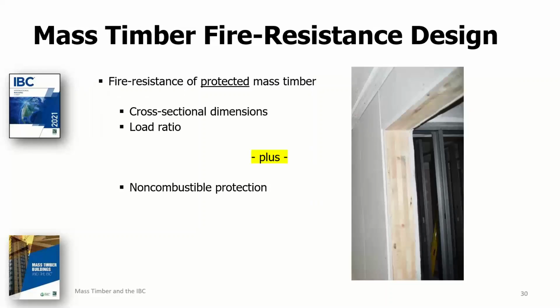All right, at this point, I wanted to remind you that when it comes to the fire resistance requirements for the 3 new types of mass timber construction, you can combine the calculated fire resistance of the wood member itself with the added fire resistance of any non-combustible protection that may be applied to the surface of the wood. This is a very important point.